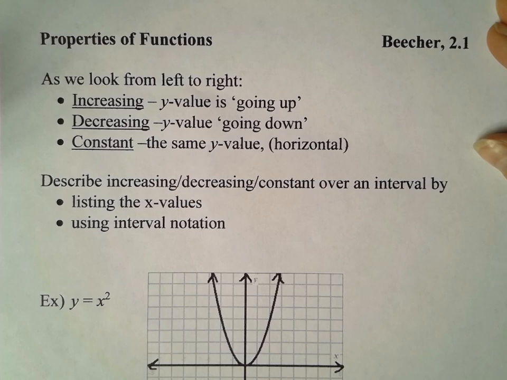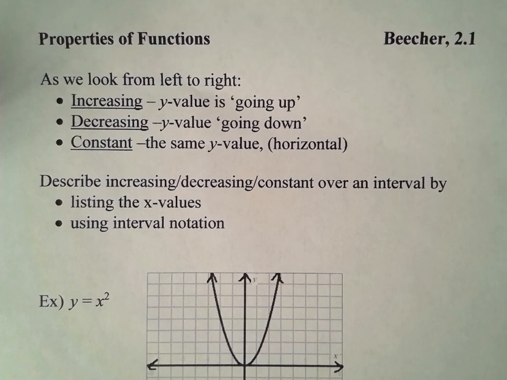So as the x value is going up, what is going on with the y value? Is the y value going up? Also, that would be increasing. Is the y value going down? That would be decreasing. And if the y value is staying the same, then we say that that is a place where the graph is constant. It has the same y value for a section of the graph.